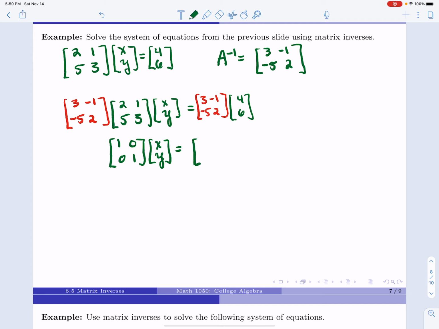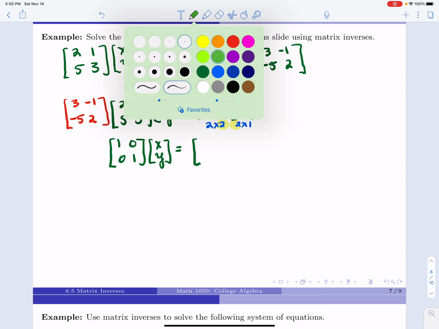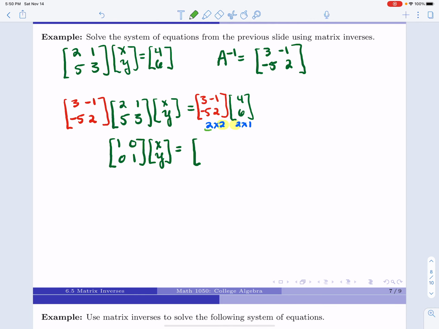We've learned our matrix multiplication. So first of all, we check. We have a 2 by 2 matrix and a 2 by 1 matrix. Since the columns in the first matrix equals the rows in the second matrix, we can indeed multiply the matrices. And the dimension of our new matrix will be a 2 by 1.